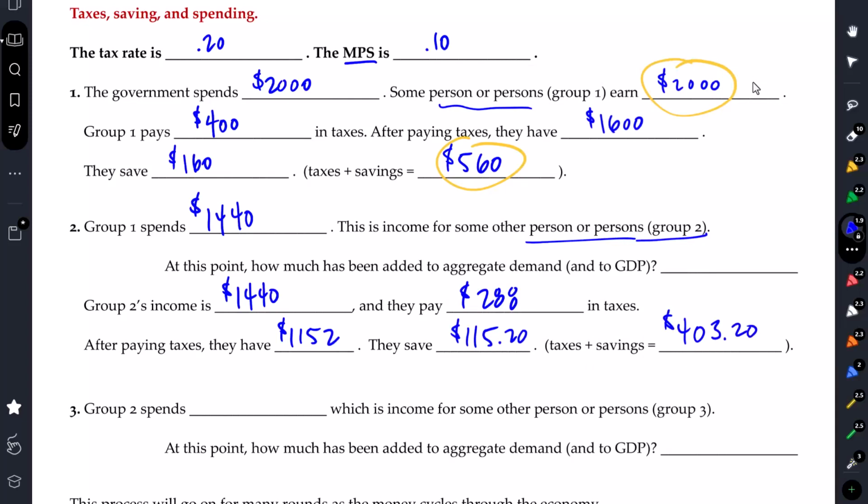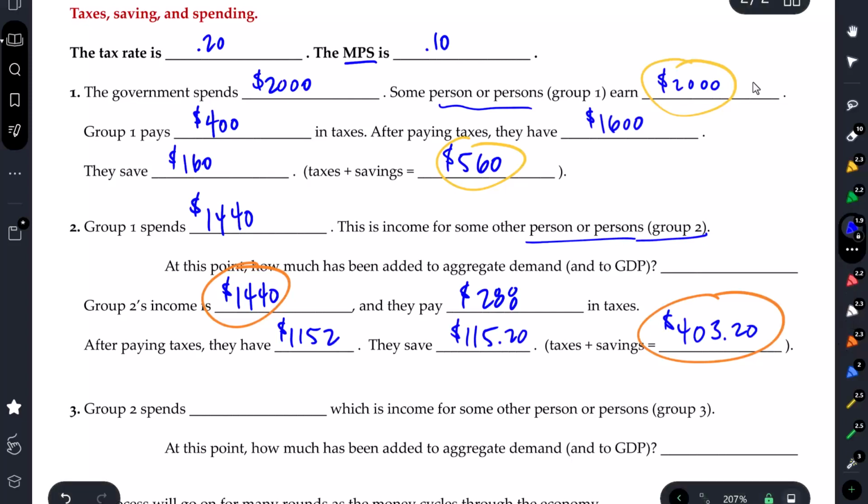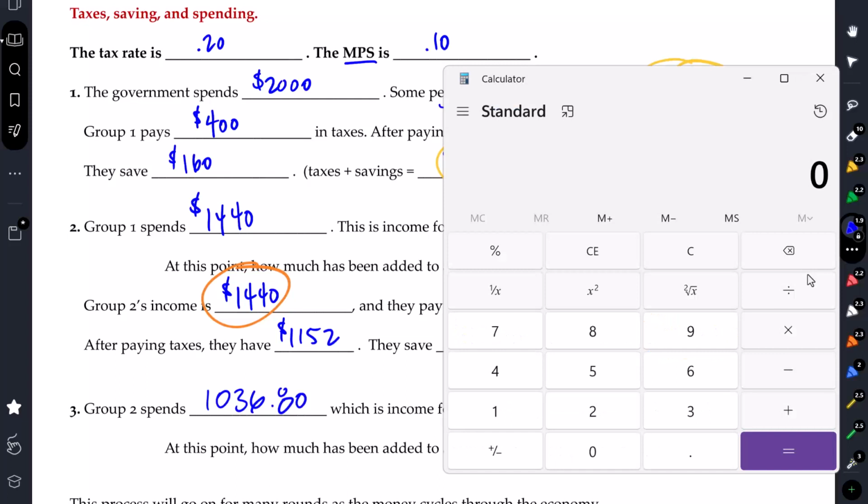Okay, so they're going to spend the rest. So this is what they earned. This is what gets removed. So that's going to be okay.